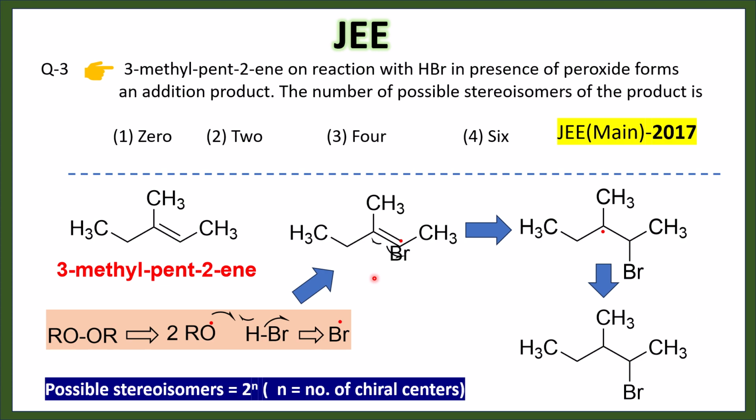We can see two chiral centers here, and the possible stereoisomers are 2 to the power n, where n is the number of chiral centers. So the correct option here is 4.